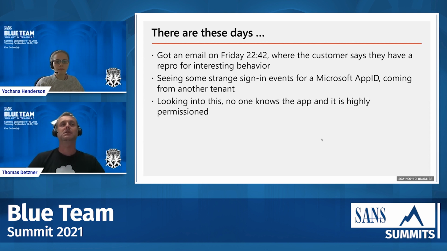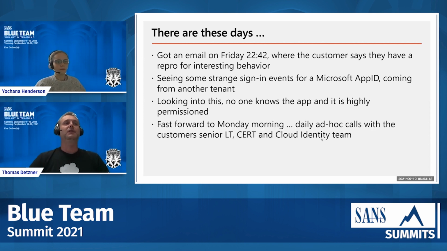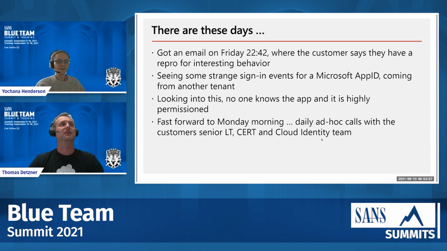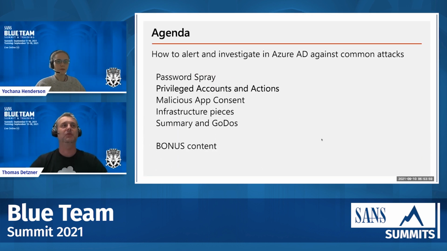When looking into this, they didn't know about the app and what it was supposed to do, and only saw that it's highly permissioned. Fast forward to Monday morning, I found myself in daily ad hoc calls with the customer's senior leadership team, the CERT team, and the cloud identity team. So just to set the stage for what we're going to talk about today. Moving over to Yochana.